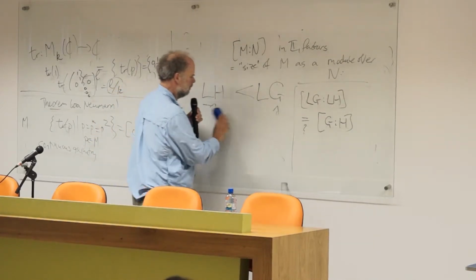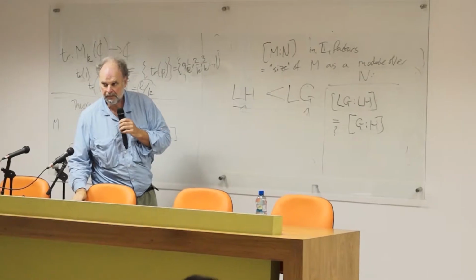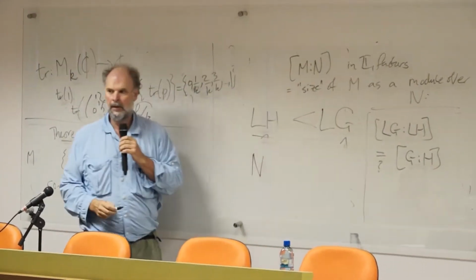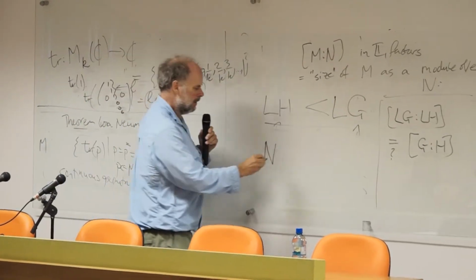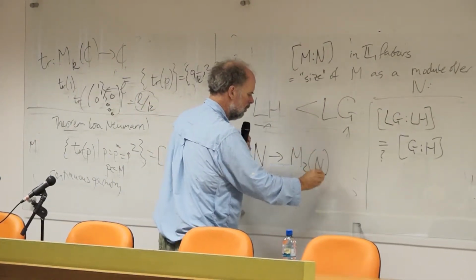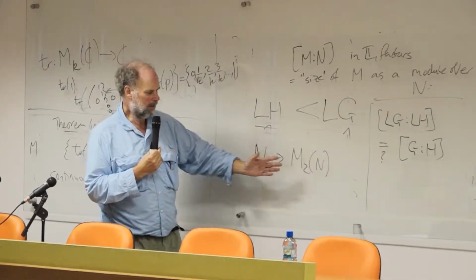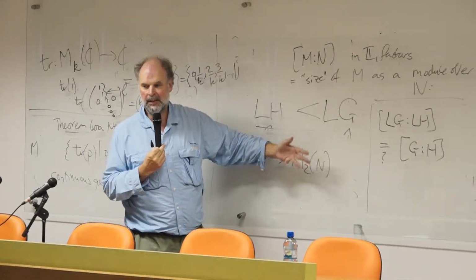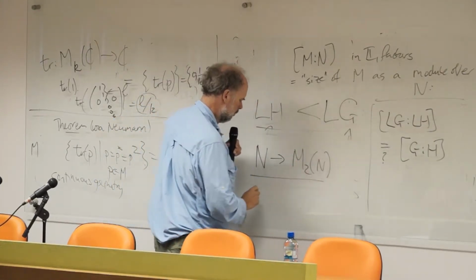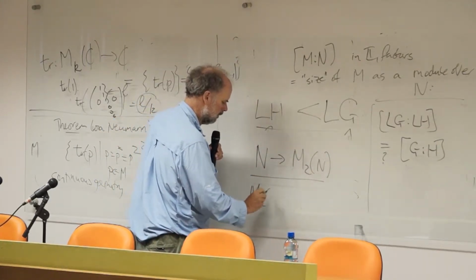So just to ram this idea home, here's another one. Let's suppose that you have a 2-1 factor N, and now I'm going to take the 2-by-2 matrices over N. Then if N is a 2-1 factor, this is also a 2-1 factor. You just take the trace, you add up the traces of the diagonal entries. So what is the index here?